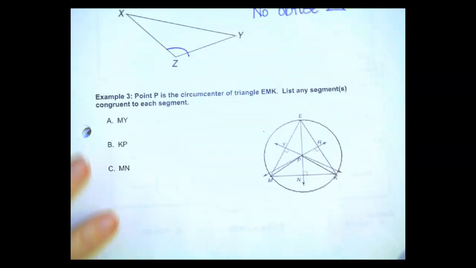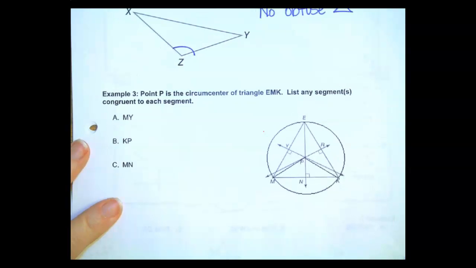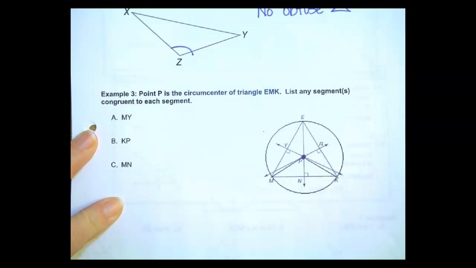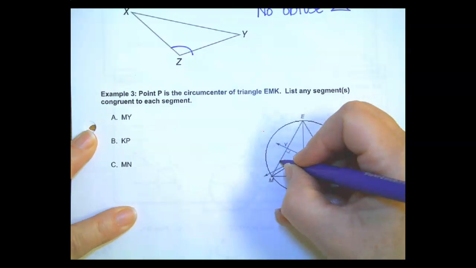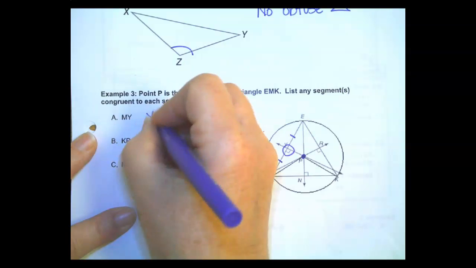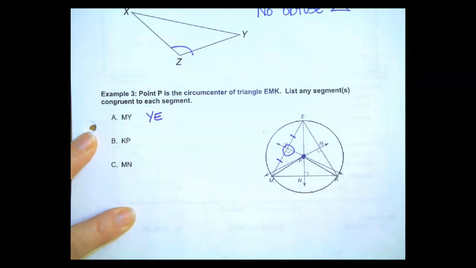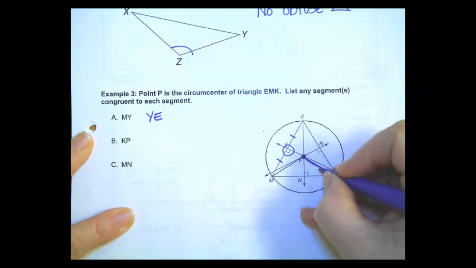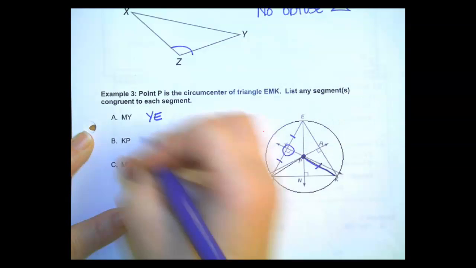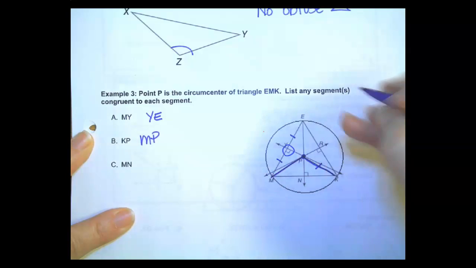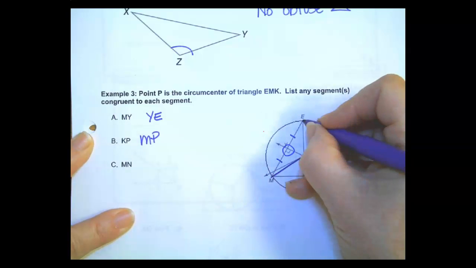Let's look down here. Point P is the circumcenter. Okay. List any segments congruent to MY. So here and here, because of this, so that's YE. Where's KP? So KP is here, right? So this should be the same as MP, this one, and then EP, this one.